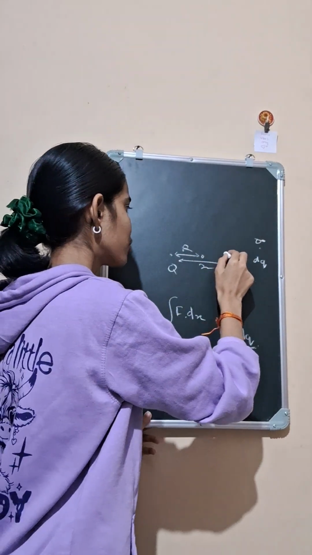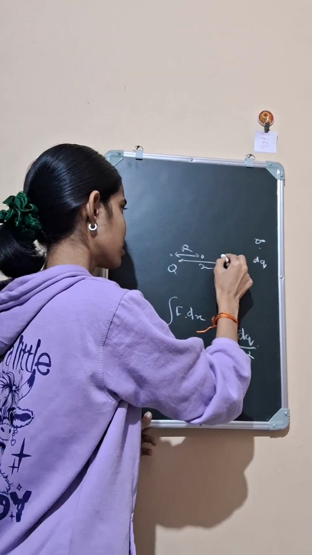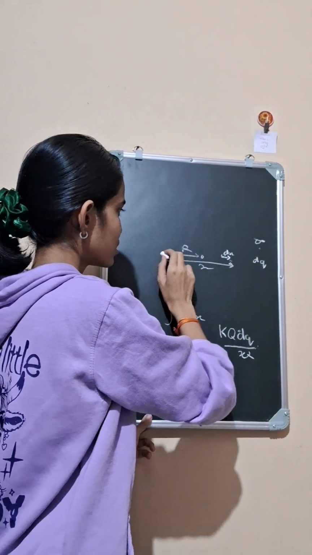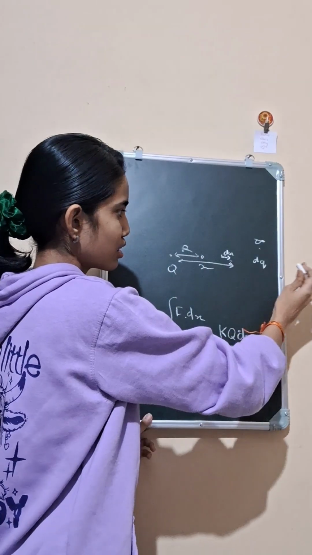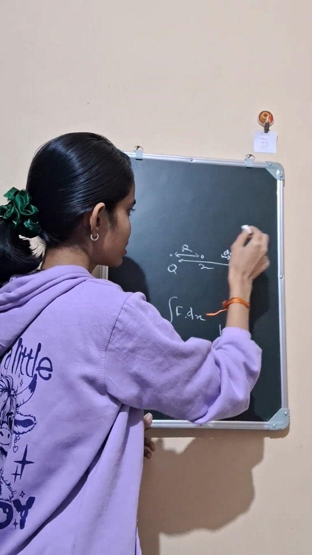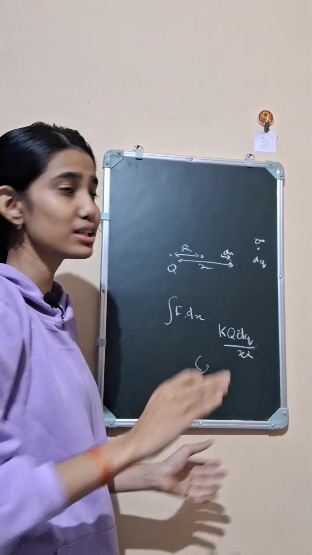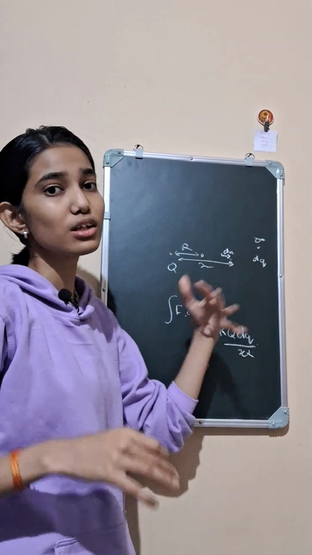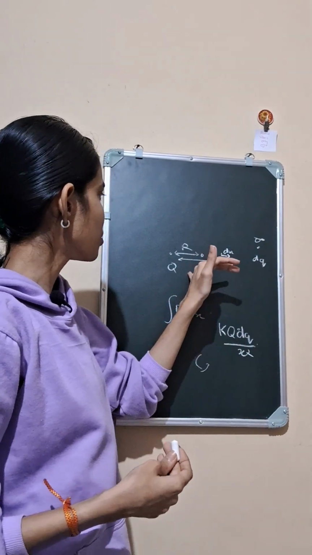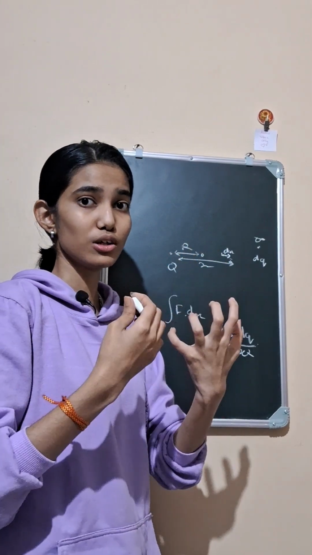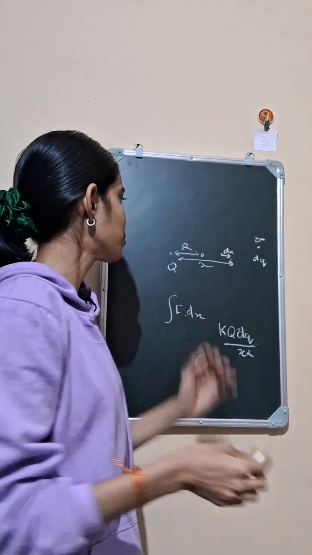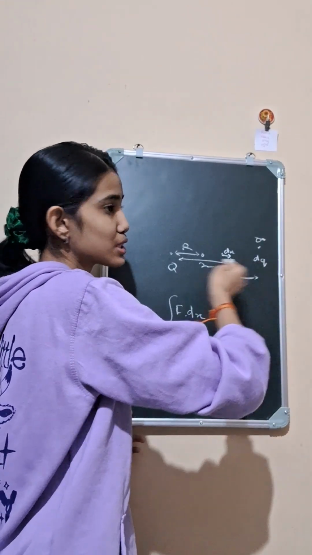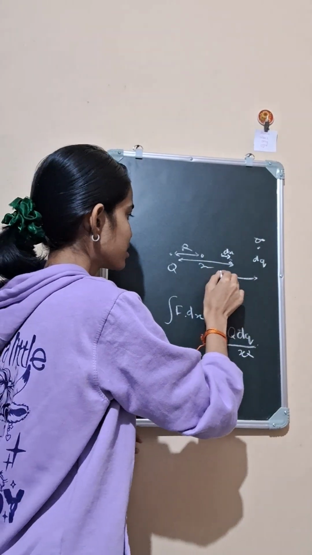Suppose from this point we are displacing it to a distance of dx. Here the force is acting, let us suppose this is positive, this is positive. As you can see, there is no negative sign in front of both of the charges, so we will consider that both of the charges are positive. Like charges repel, that's why the force will act along this direction, but we are displacing the particle in this direction.